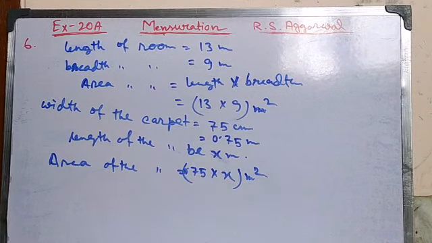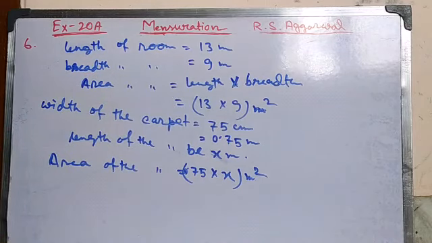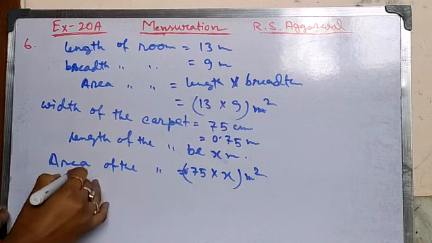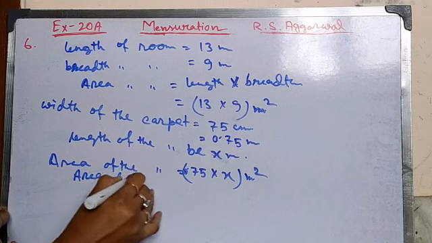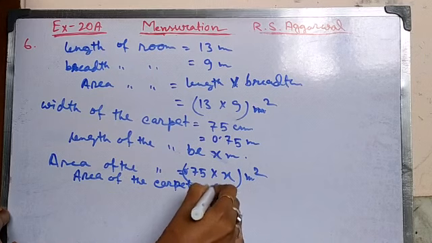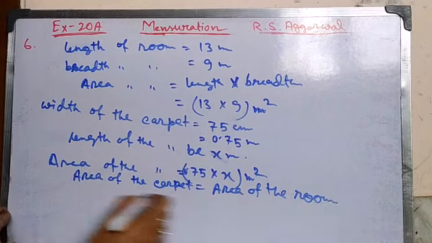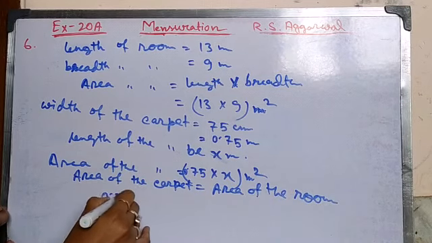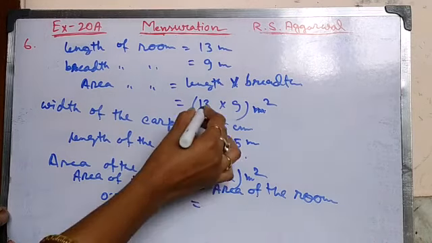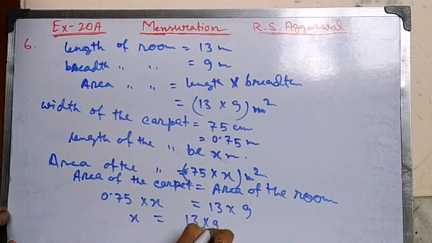Now here the area of the room and the area of the carpet will be the same, because it is carpeting. So area of the carpet equals area of the room. Then I am putting the values: 0.75 into x equals 13 into 9, then x equals 13 into 9 divided by 0.75.